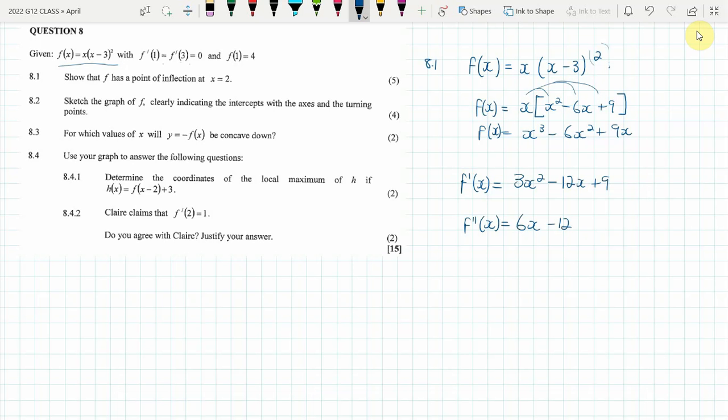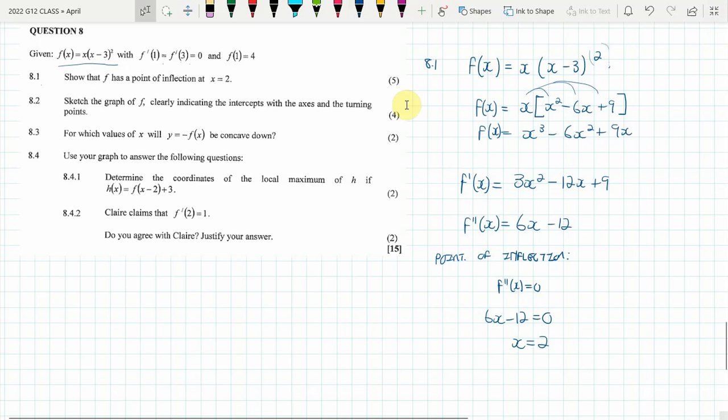Now, to get the point of inflection, we solve f double prime equals 0. So we solve 6x minus 12 equals 0. What will x be? x will be positive 12 over 6, which is 2. So yeah, we are done with 8.1.